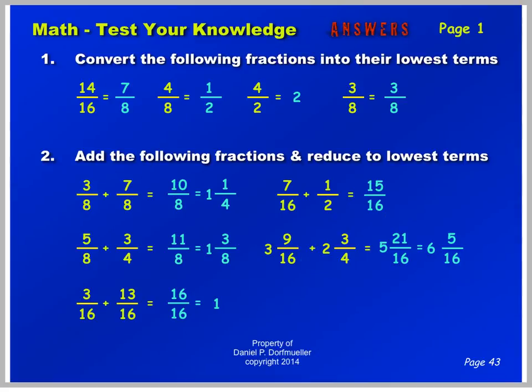3 9/16 plus 2 3/4 equals 5 21/16, and you divide the 16 into 21, and you can reduce that down to 6 5/16.